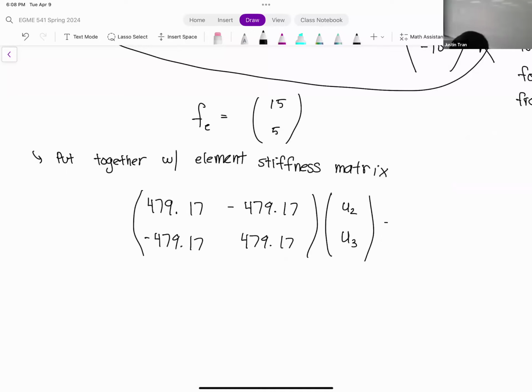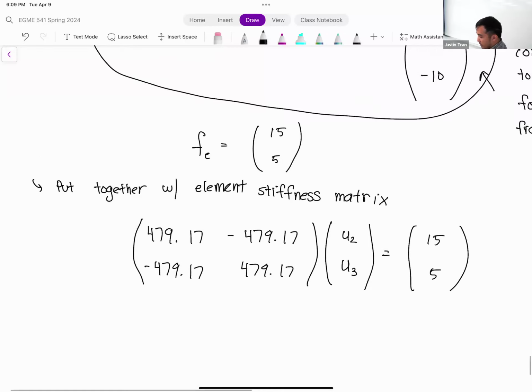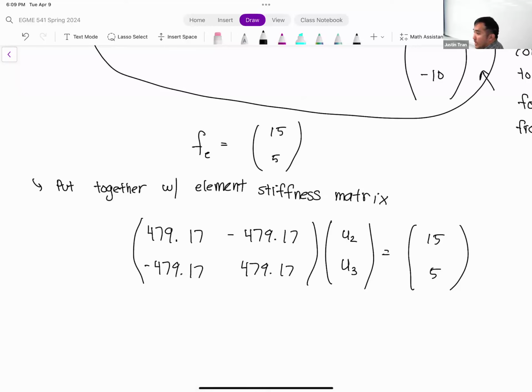U2, U3 is equal to 15 and 5. All right, any questions on how we obtained that result there?